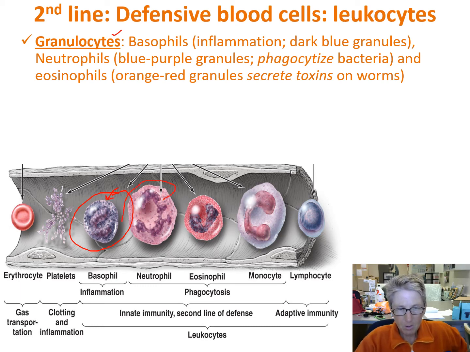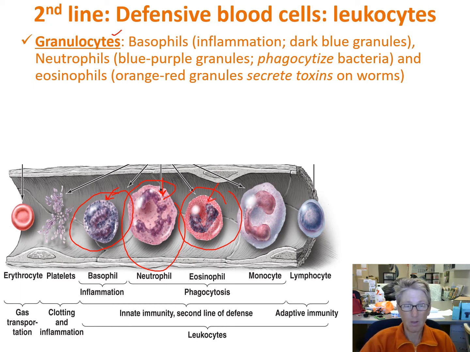The neutrophils, you can't really see it that well in the cartoon, but their granules are bluish purple. And the eosinophils, their granules are orangey red. The granules do important things. They have a color, a shape, and a size, but they also do important things. For example, the basophil granules are released and they cause inflammation. The neutrophils can phagocytize bacteria, and when their granules are released, they can destroy bacteria.